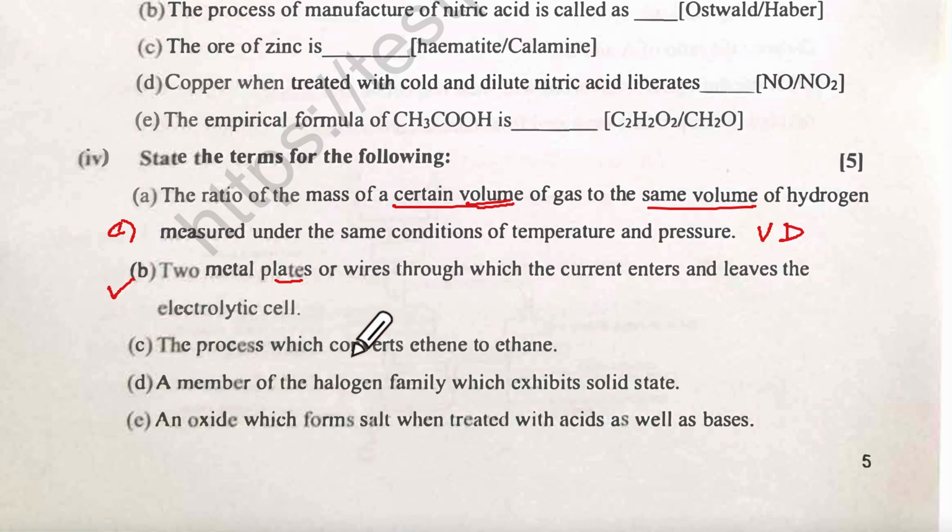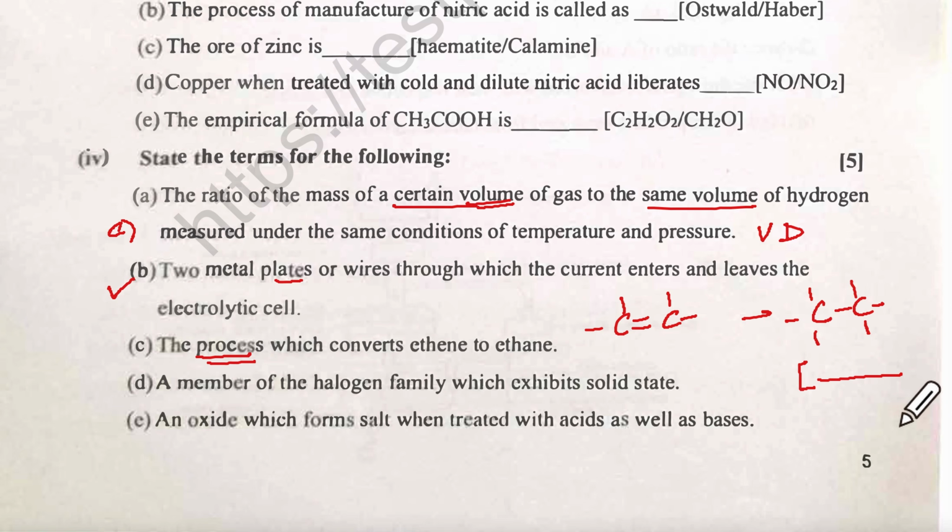C is the process which converts ethene to ethane. Now ethene means C double bond C. It is going to become like this. Catalytic hydrogenation. So the process will be hydrogenation, but you will say catalytic hydrogenation, in brackets addition reaction. Write that also.